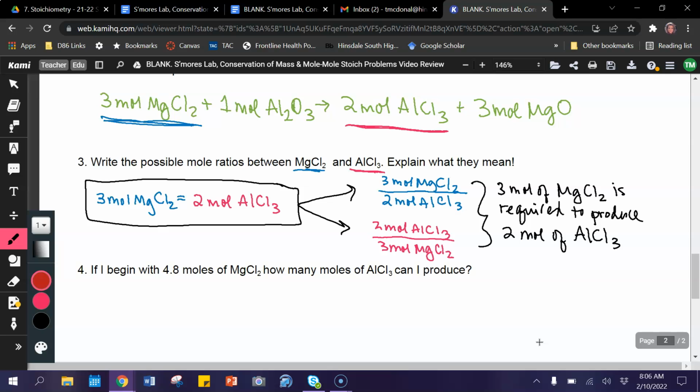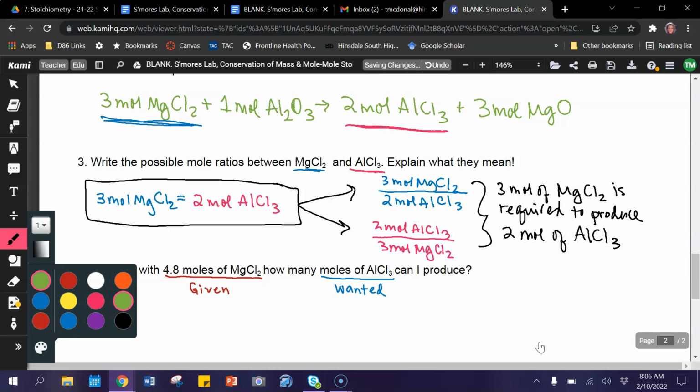So in number 4, if I begin with 4.8 moles of magnesium chloride, how many moles of aluminum chloride can I produce? Well, 4.8 moles of magnesium chloride, this is my given. And we are looking for moles of aluminum chloride, so this is what's wanted. Okay, great.